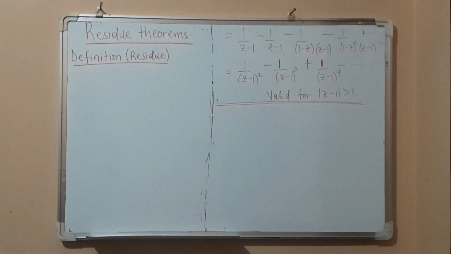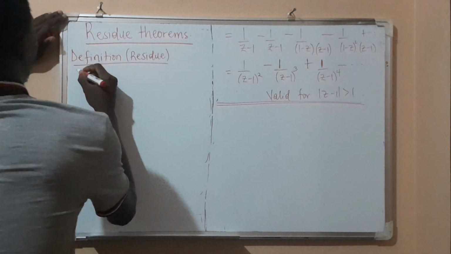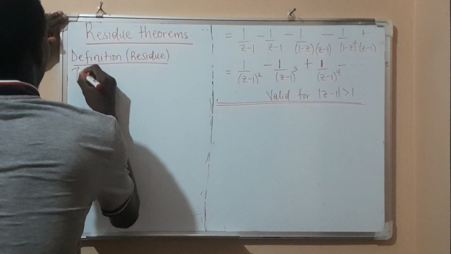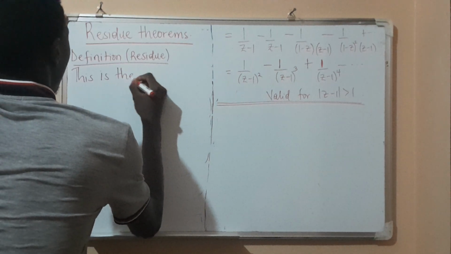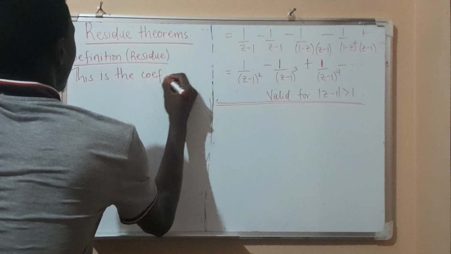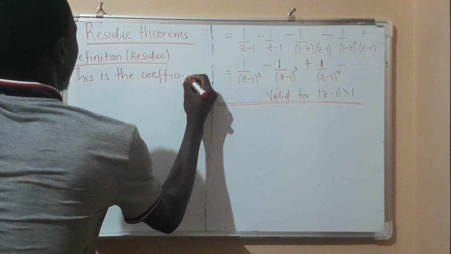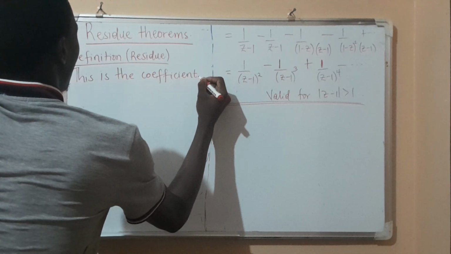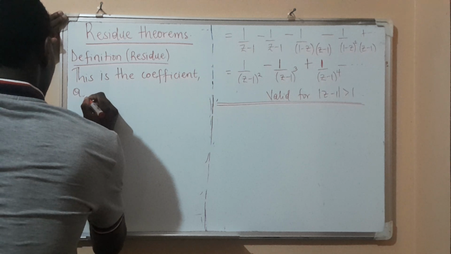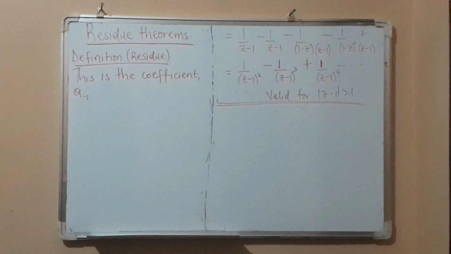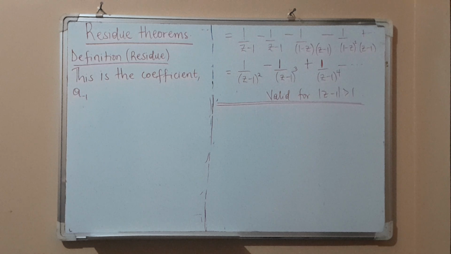So a residue. This is the coefficient a -1. You can also call it a1. Yes, a1. I'm just choosing a -1. There is no logic there.